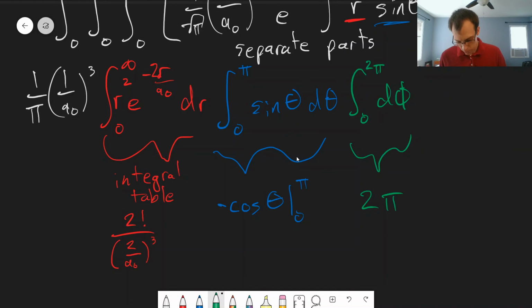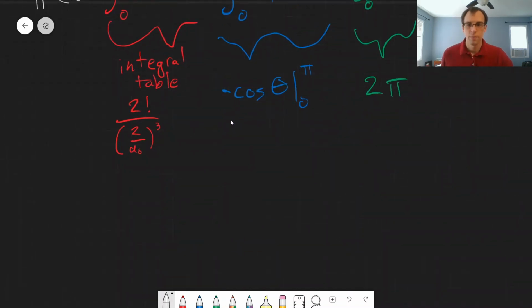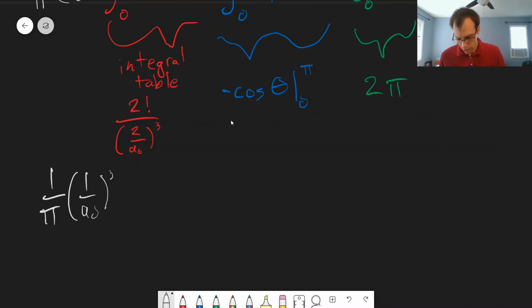And so when we evaluate these 3 integrals, we end up with our constants out front. All right, and so once we evaluate this, we'll get 4 over 8 times a naught cubed.